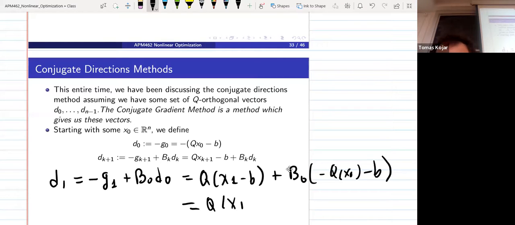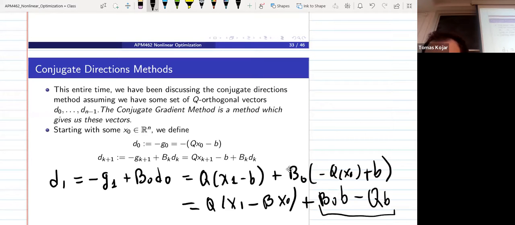Then I use linearity like this, and then I have B. Anyways, the point is your next direction is picked from this hyperplane.